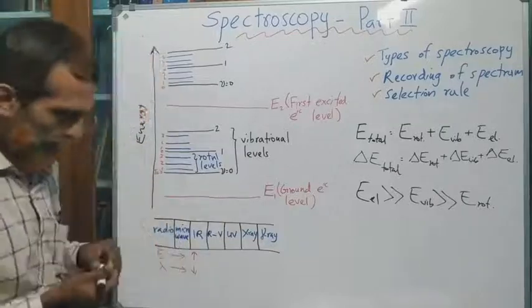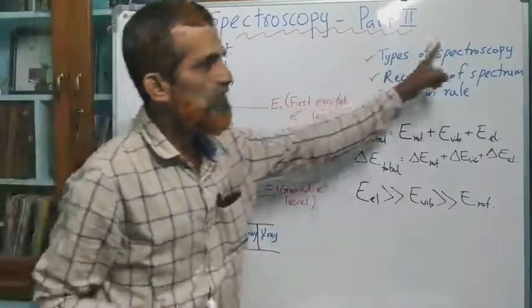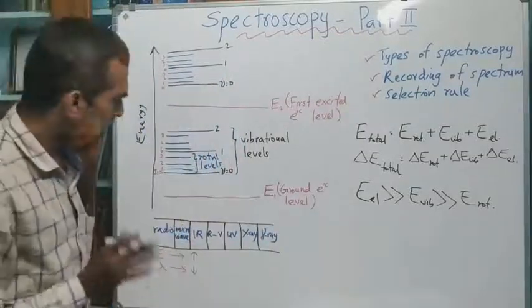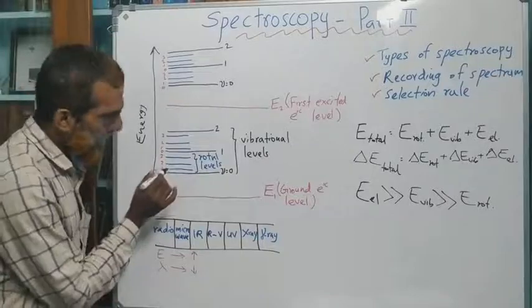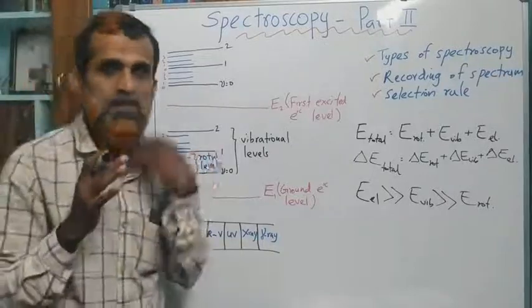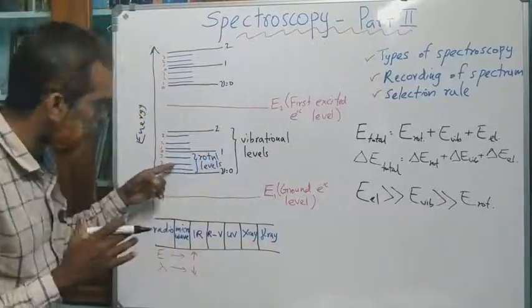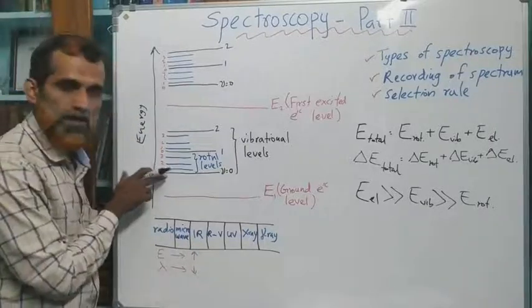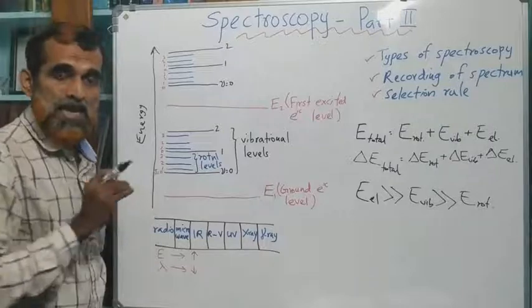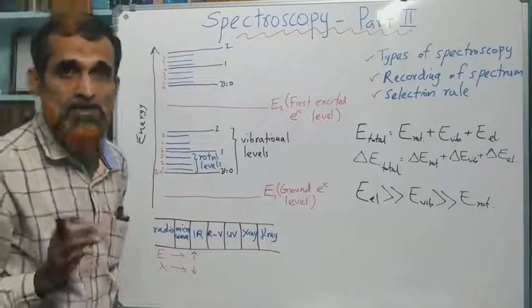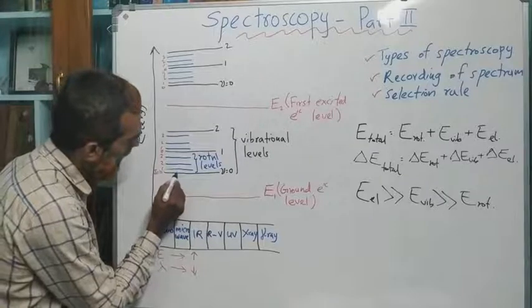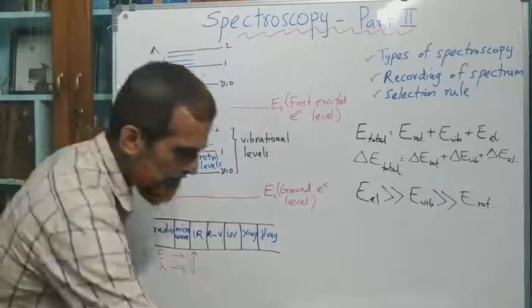Fine. Now coming to the different types of spectroscopy which we can understand from this diagram, the first one: due to rotation, molecule will have various rotation energy levels, right? And molecule will be preferably in the ground rotational level. Okay, if we are giving a radiation of suitable frequency, molecule can go to the higher vibration level, right?